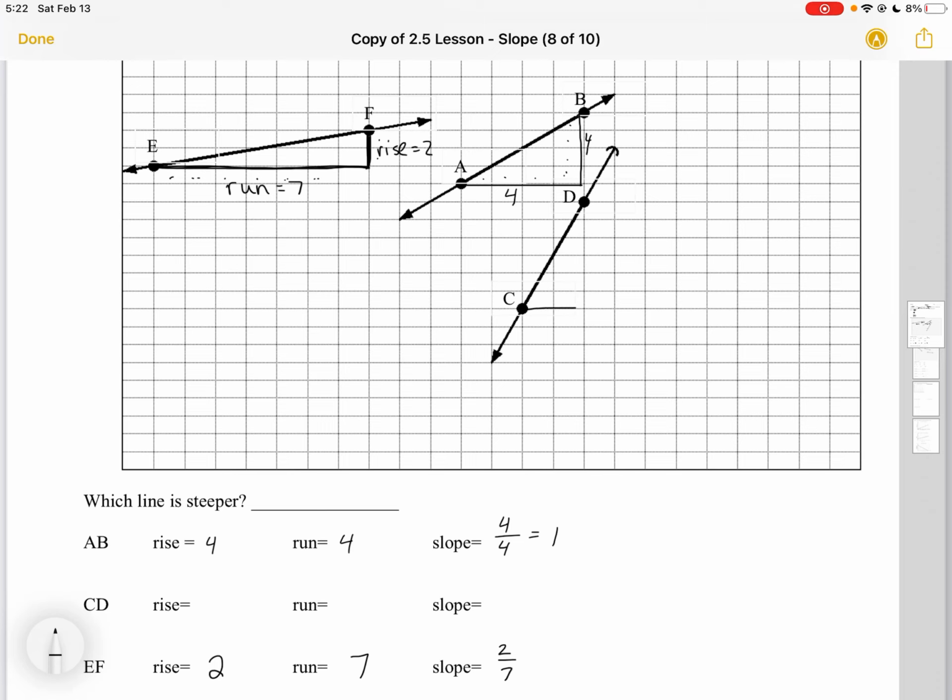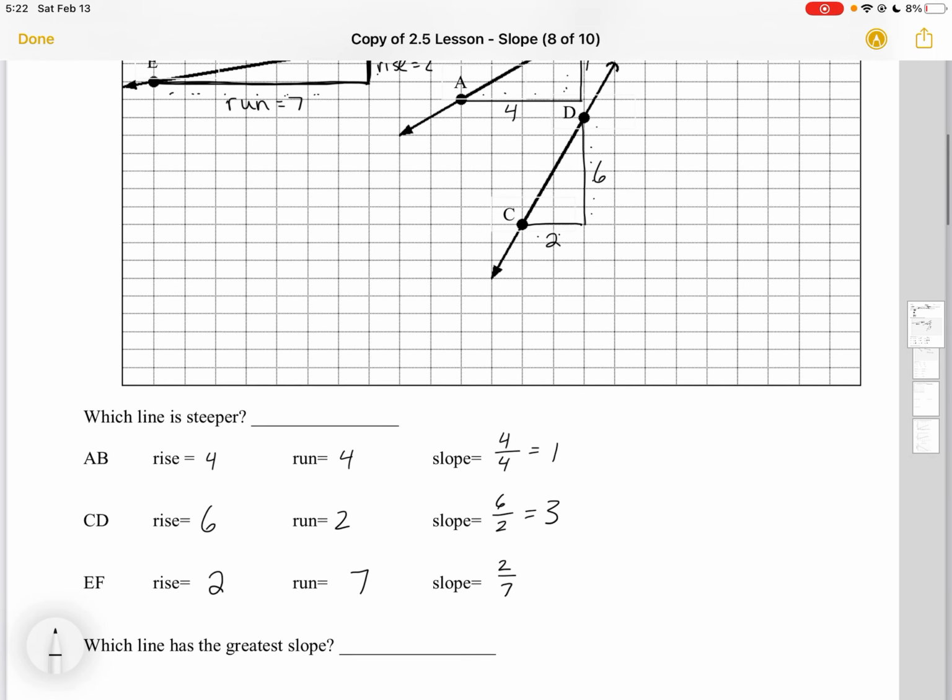For the last one, I'm going to draw my right angled triangle between C and D, and then count my squares. So 1, 2 is going to be my run, and 1, 2, 3, 4, 5, 6 is going to be my rise. So 6 over 2, my slope is rise over run, which is 3.